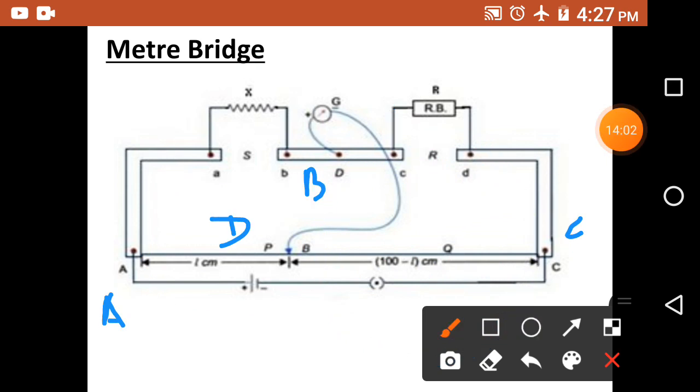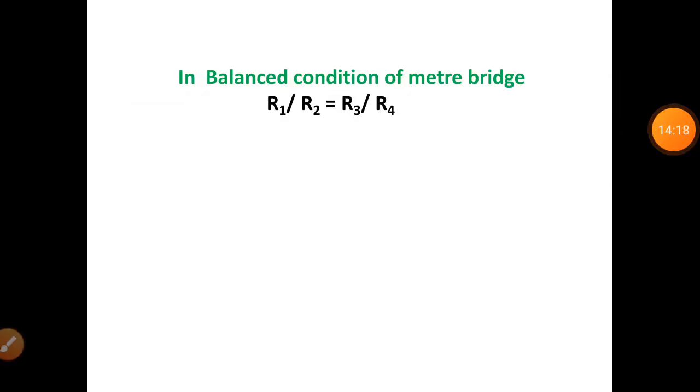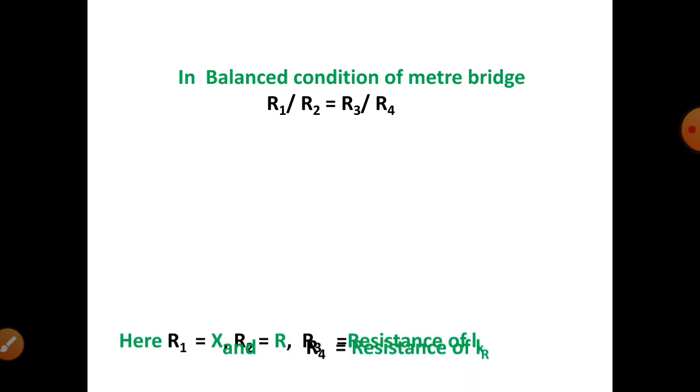Now we have seen that the condition required to balance the Wheatstone network is R1 upon R2 is equal to R3 upon R4. Applying this condition to the meter bridge, in the balance condition of the meter bridge, R1 upon R2 is equal to R3 upon R4.